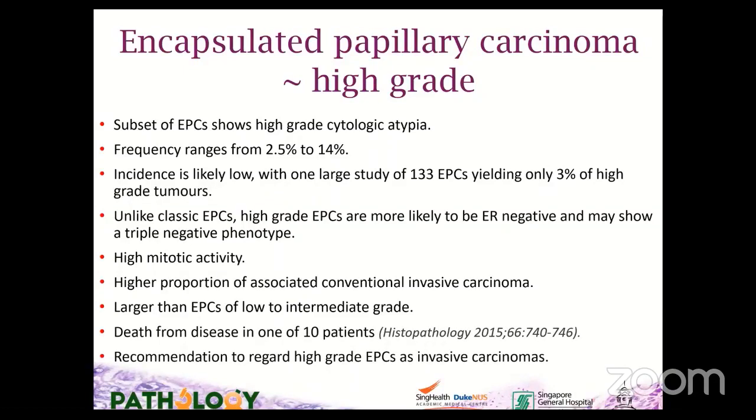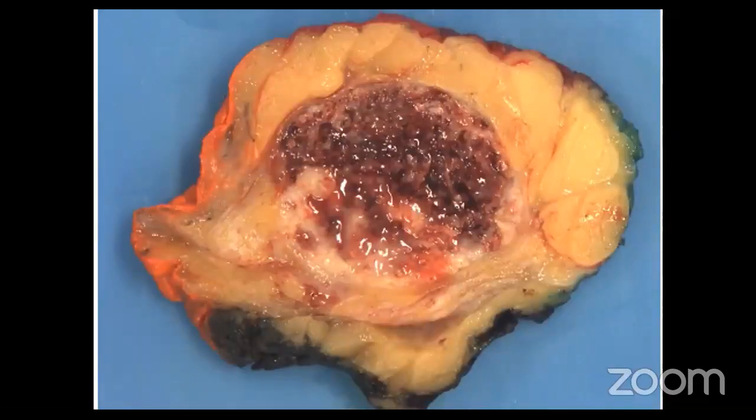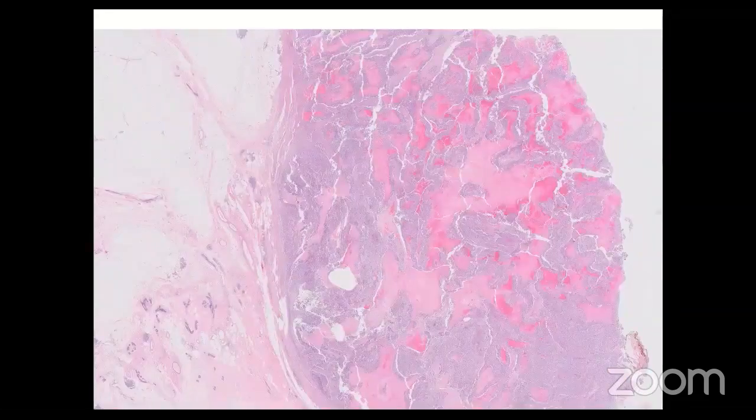Death from disease has been reported in 1 out of 10 patients, and it is recommended to regard these high-grade tumors as invasive carcinomas for therapeutic considerations. So a wide excision specimen is seen here containing a circumscribed tumor which reveals large areas of hemorrhage and appears rather friable as well.